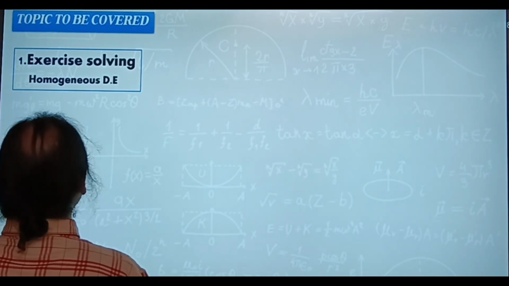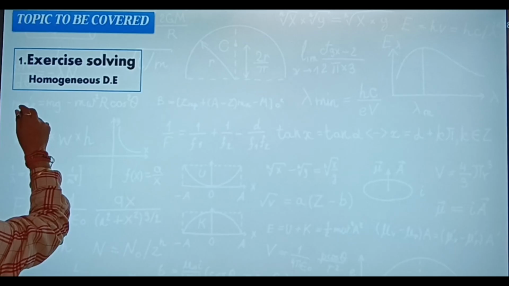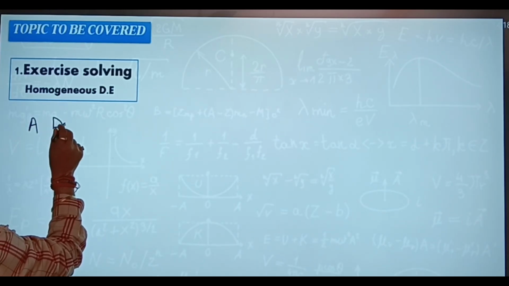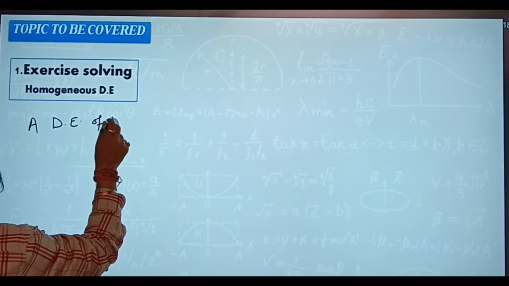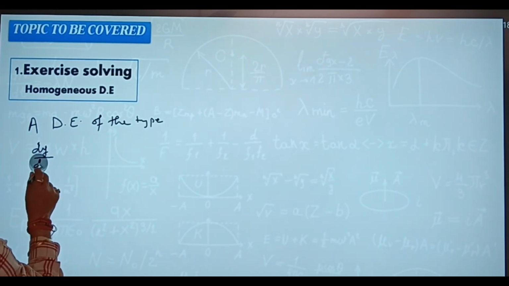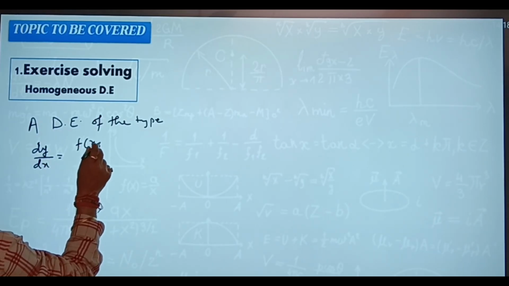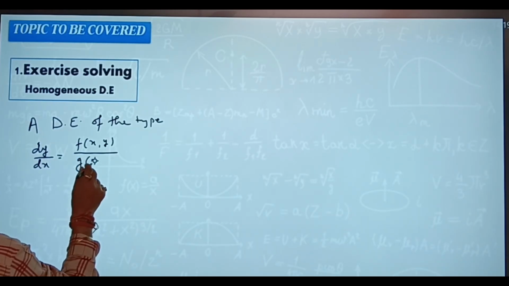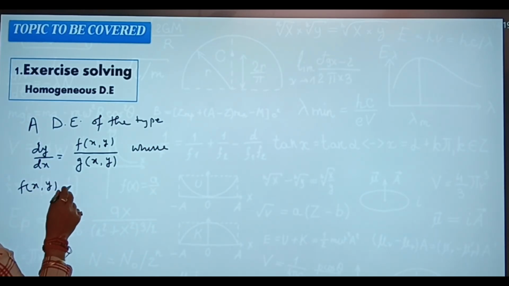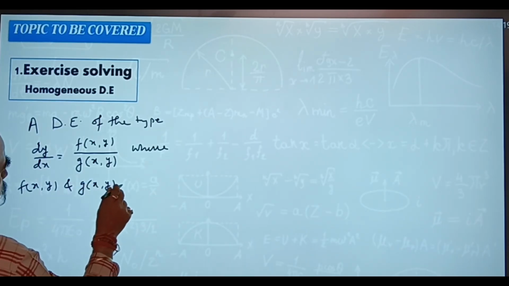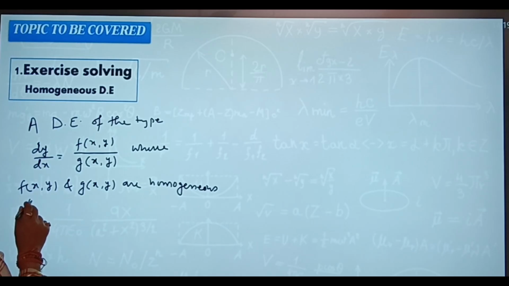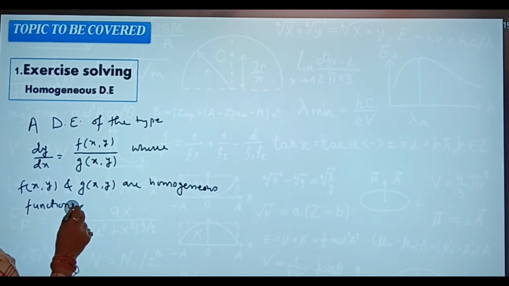What is homogeneous differential equation? A differential equation of the type dy by dx is equal to f(x,y) upon g(x,y), where f(x,y) and g(x,y) are homogeneous functions having same degree.